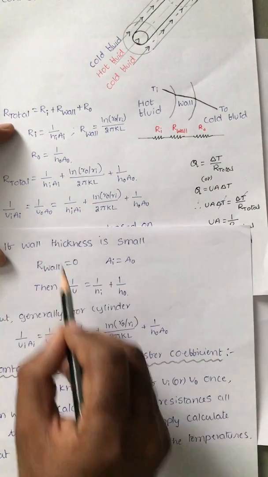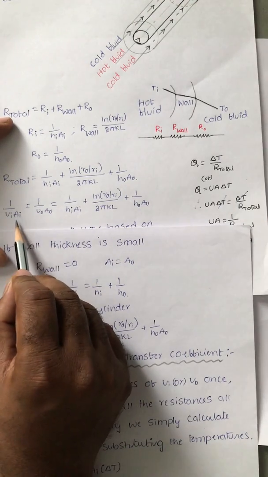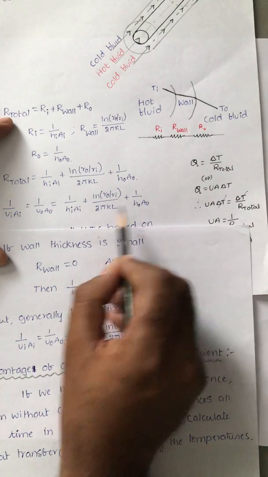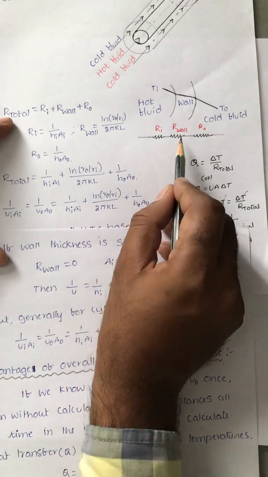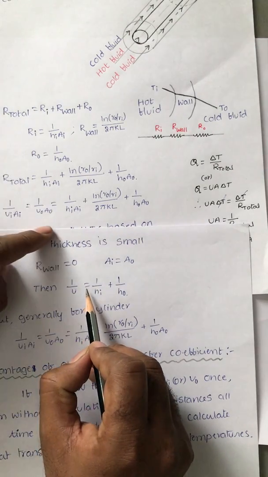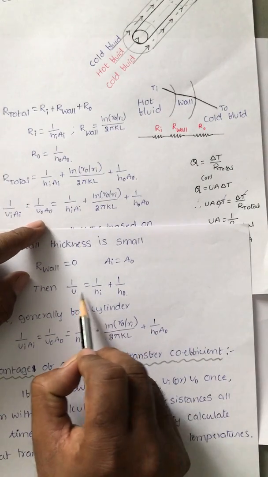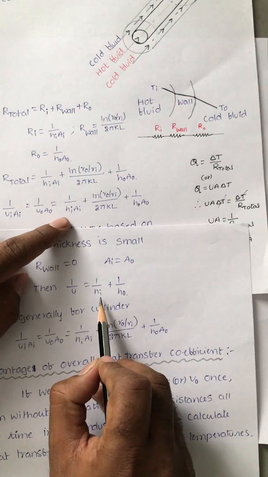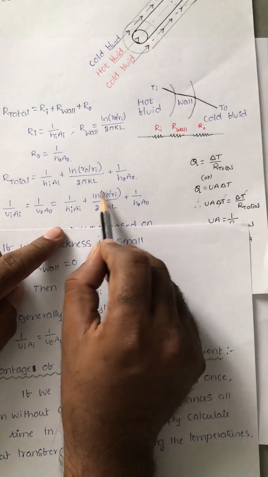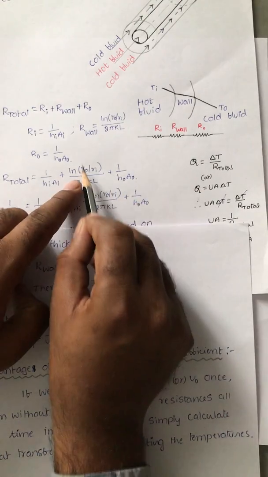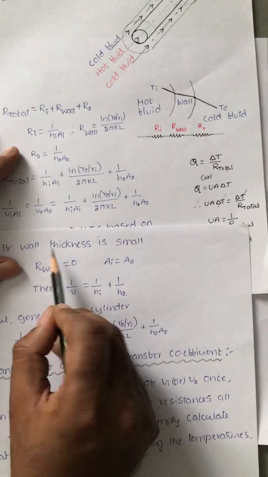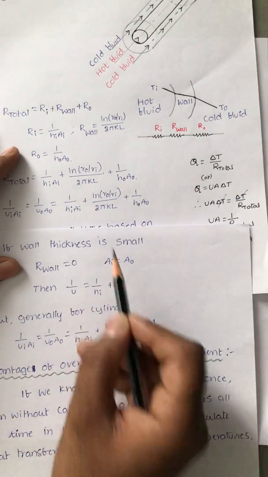Then the equation becomes: Ai and A naught cancel, and the wall term becomes 0. So 1 by U, which may be Ui or U naught, is equal to 1 by Hi plus 1 by H naught, because the wall resistance is 0 as the wall thickness is very small.